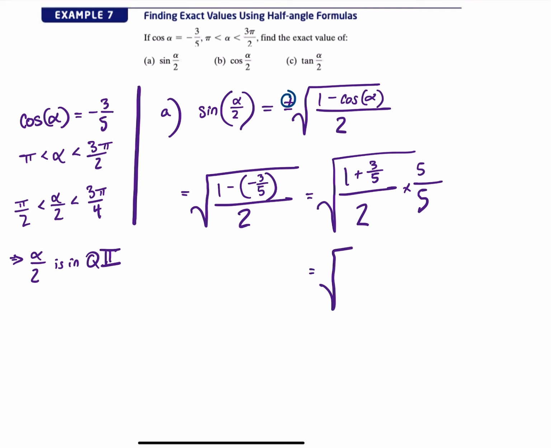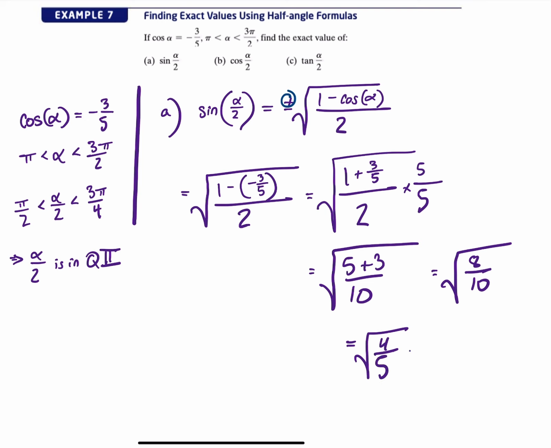So that will give me 5 plus 3 over 10, because the 5 distributes to the 1. 5 times 3/5 will cancel with the 5 in the denominator, and then 5 times 2 down there gives us the 10. So we get 8 over 10. Which if we divide each of those by 2 will give us 4 over 5.